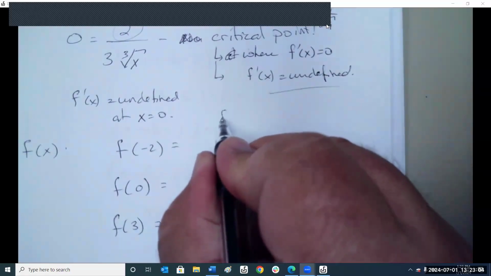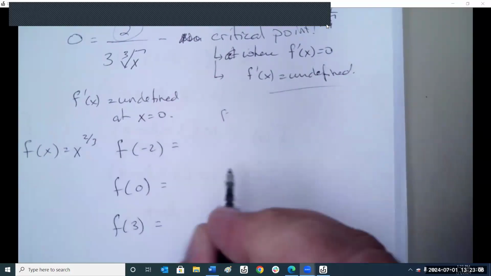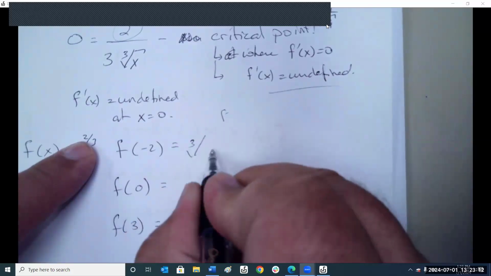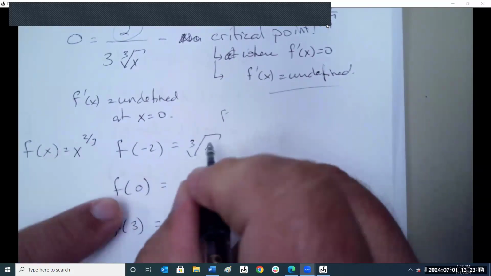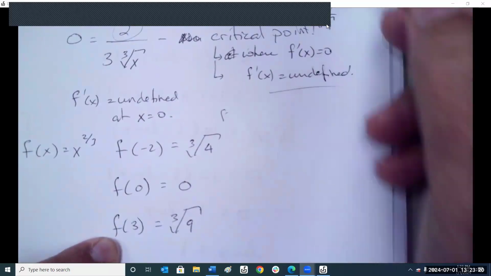The function is x to the 2/3. So when x is -2, it's the cube root of 4. When x is 0, it's 0. When it's 3, it's the cube root of 9. That's what we did up there.